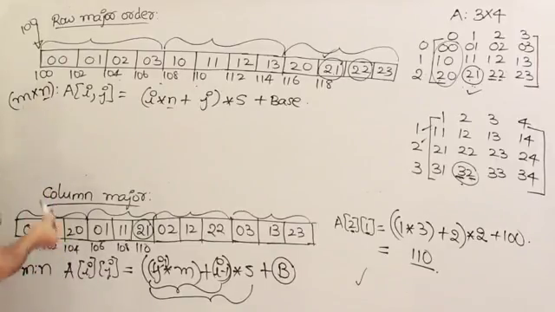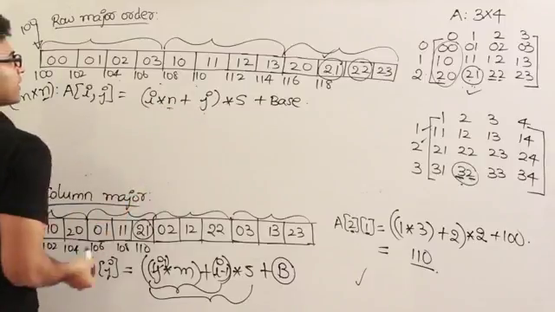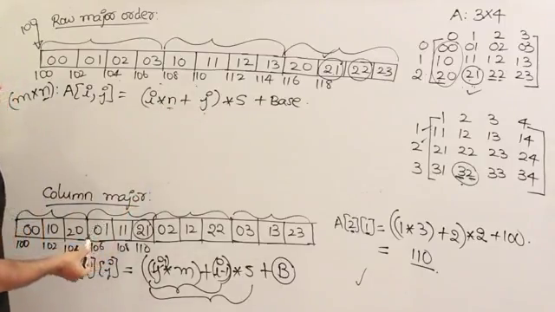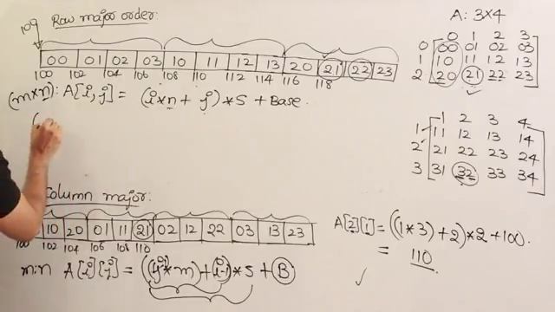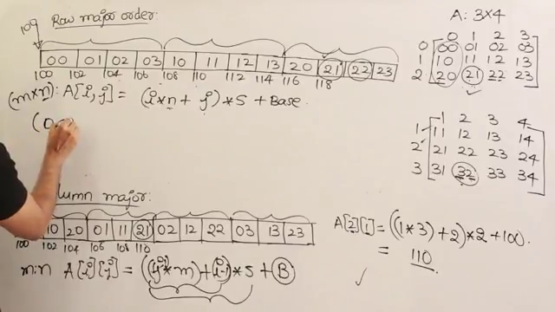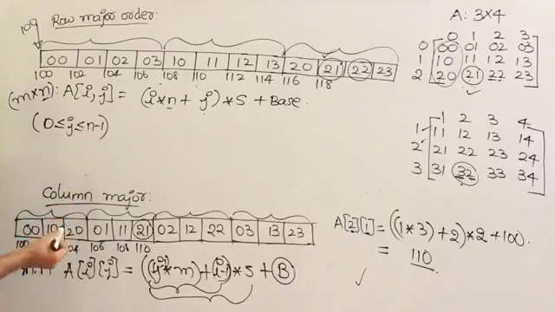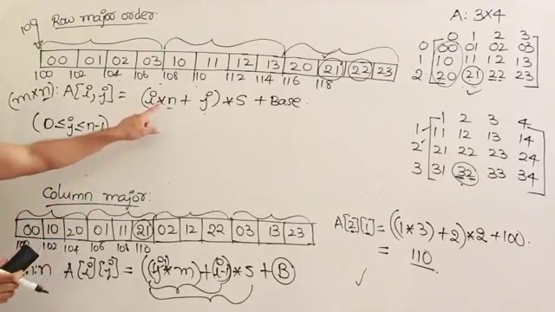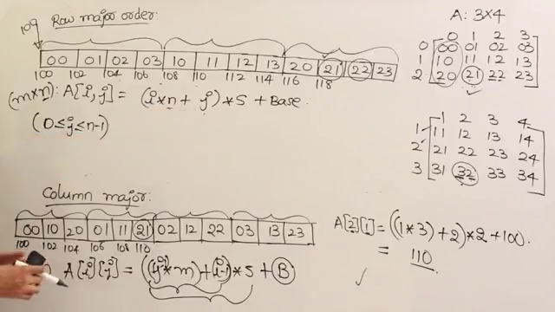Then what is the relationship between j and n? 0 is less than or equal to j is less than or equal to n minus 1, which means j will definitely be less than n, right?